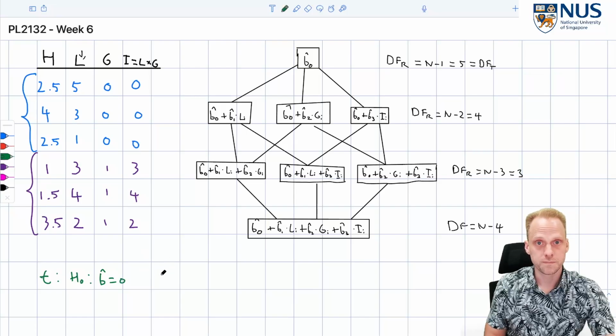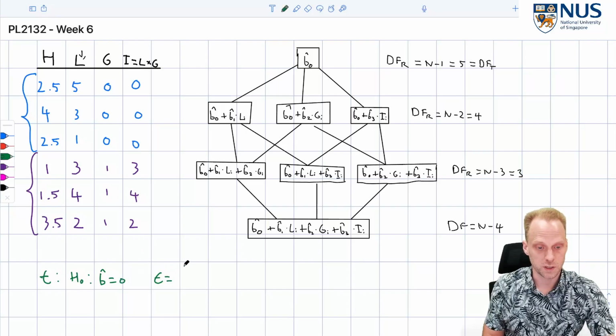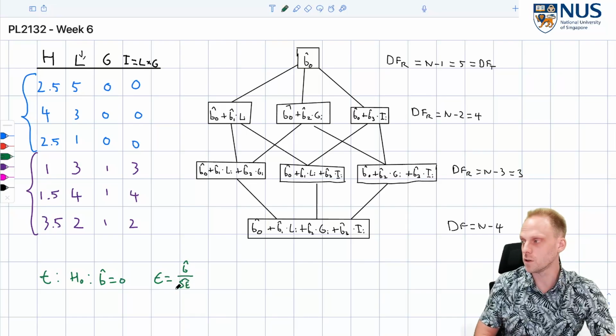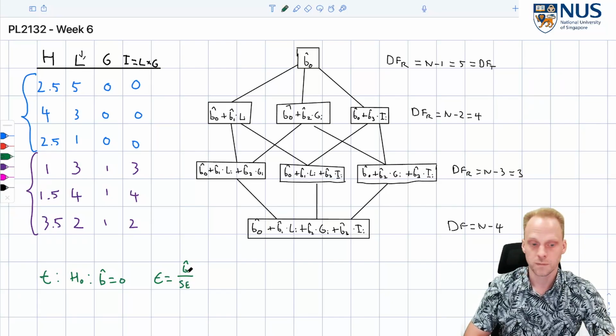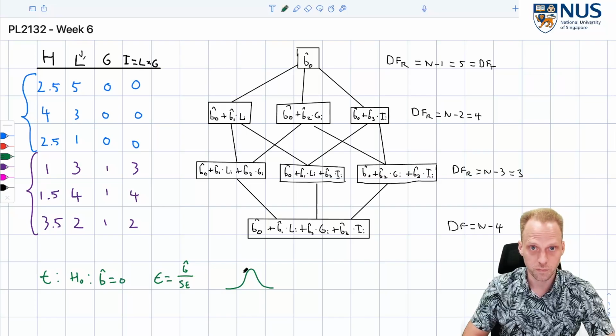We do this by computing a t test statistic, which is this parameter, the estimated value, divided by its estimated standard error. You don't need to know where that comes from, but the software will give the estimated standard error. And this thing has a t-distribution, which is a symmetrical bell-shaped form, with degrees of freedom equal to the residual degrees of freedom of the model that the parameter comes from.